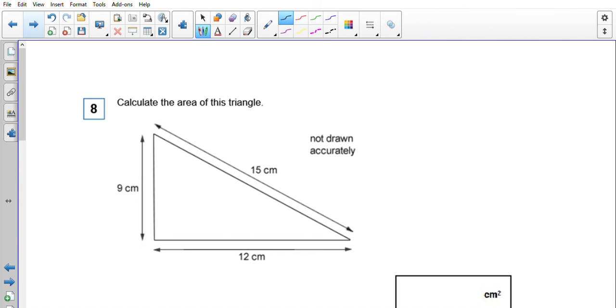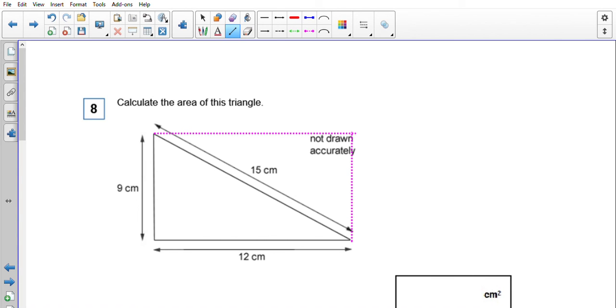And then finally, last but not least, area of the triangle. With this one, we talked about the other day our triangles and the area of our triangles simply being half of the area of the rectangle it would take up. So if I had my rectangle like this, and I would probably just draw this on the ruler anyway, so it's there for me to see.